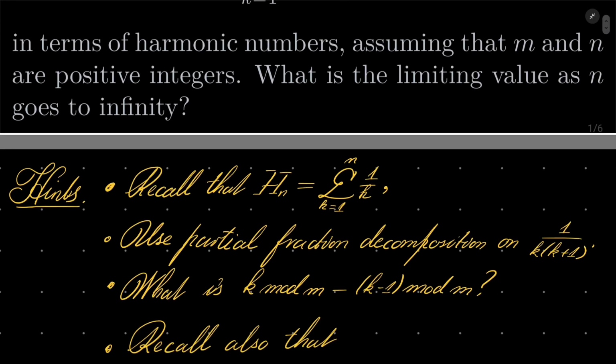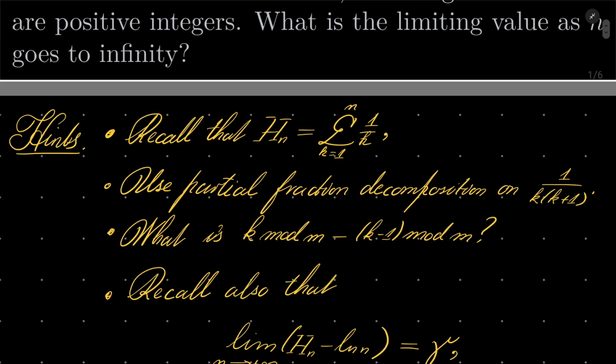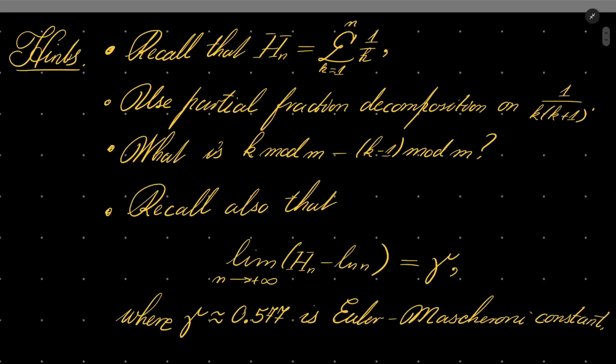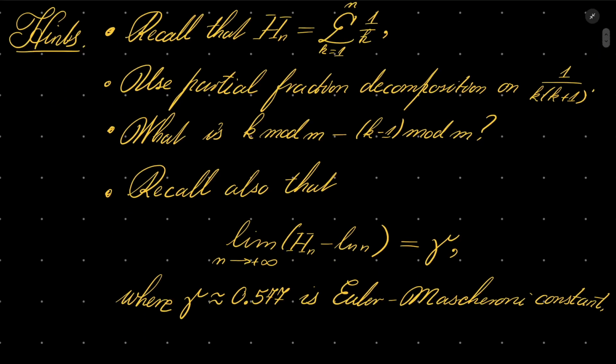Use partial fraction decomposition on this entire fraction to split it into two fractions, and then try to shift the index of summation to make fractions with the same denominator. Also, for the value k modulo m minus (k minus 1) modulo m, you should be able to find the explicit value of this difference of remainders.